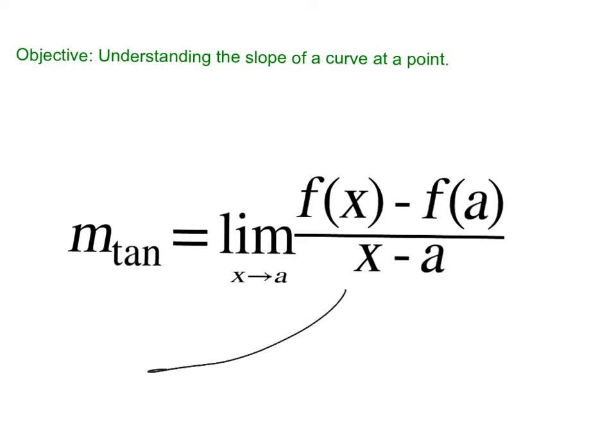As those 2 points get closer and closer together, closer and closer is a limit. Then when those 2 points are basically on top of each other, it's now a tangent line. And notice if we plug in a, f of a minus f of a over a minus a, it's that 0 over 0. So we always have to do some kind of math there.